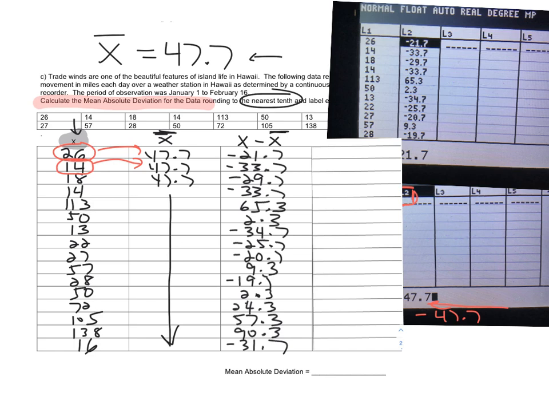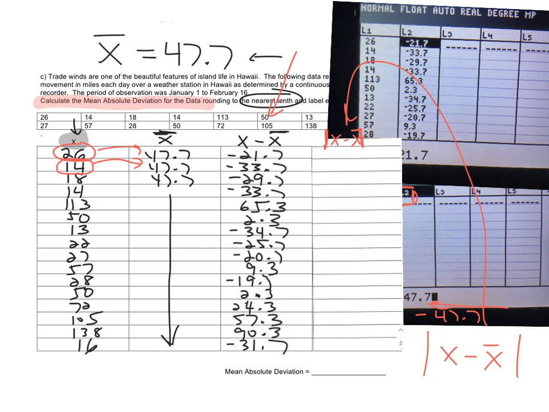Our final column is the absolute value of the third column. So we label the fourth column as the absolute value of x minus x bar. What we want to do is take all of the numbers in the third column and make them positive.